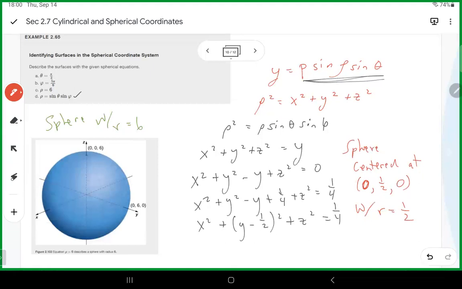This is part D. Yep. All right, that part was a lot of writing.